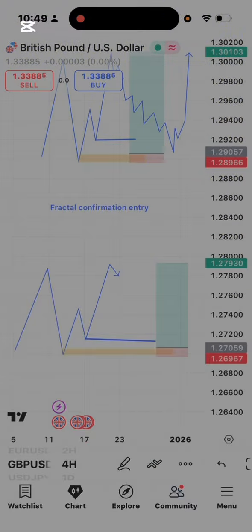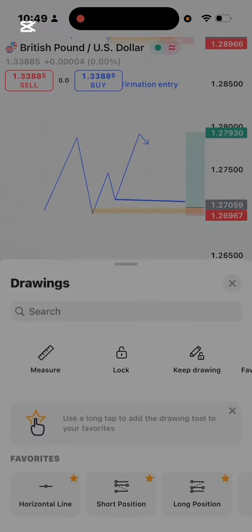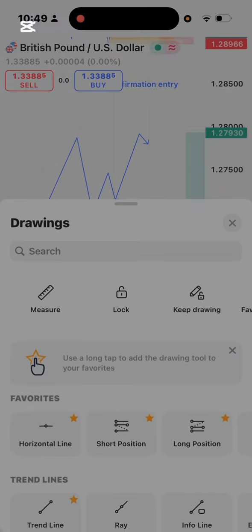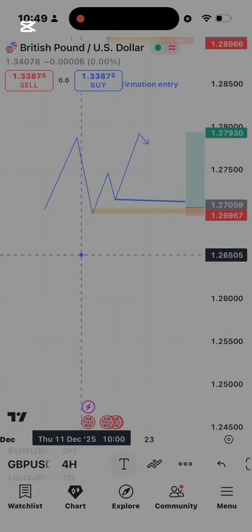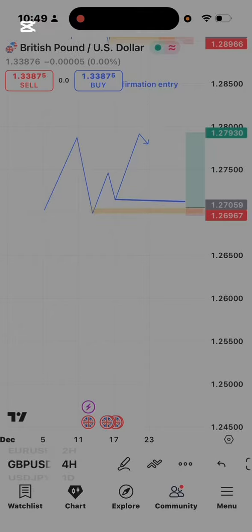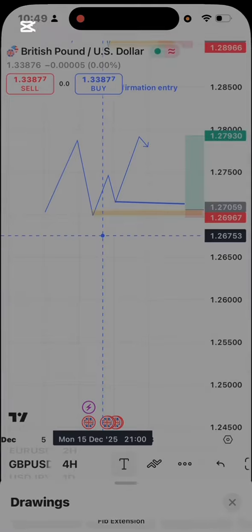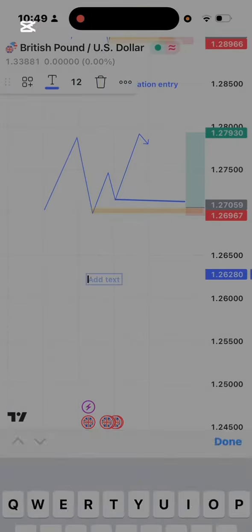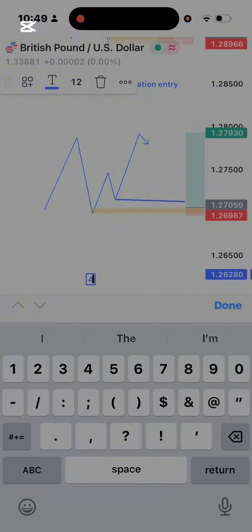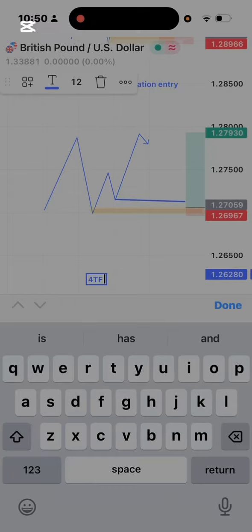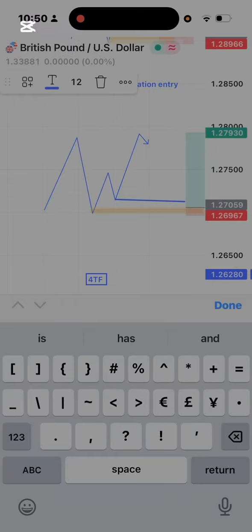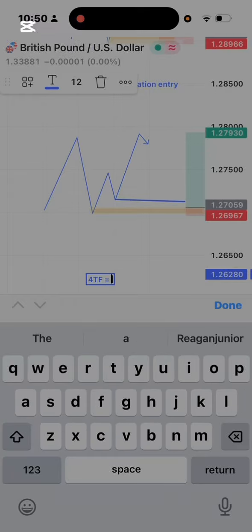Okay, let's assume you have got this trade type on the 4H, right? Let me also show you that, because this thing, it changes. For fractal confirmations, if you have got your trade or your setup on the 4-hour time frame, that means your fractal confirmation is going to be on the M15, right?